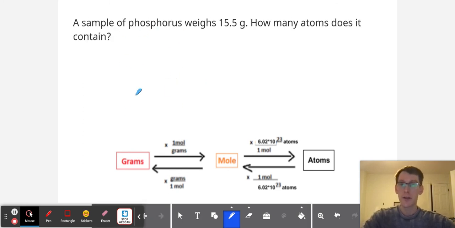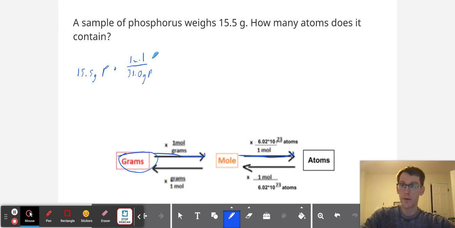Okay, let's go in a different direction. Let's do a 2-step problem. So if we know that a sample of phosphorus weighs 15.5 grams, and our starting point is right here at grams, and we're trying to figure out how many atoms it contains, you can see we've got to go from grams to moles, and then we've got to go from moles to atoms. So to do this, we multiply by 1 mole over 31.0 grams, and that works for phosphorus.